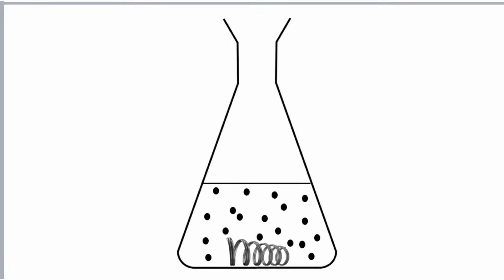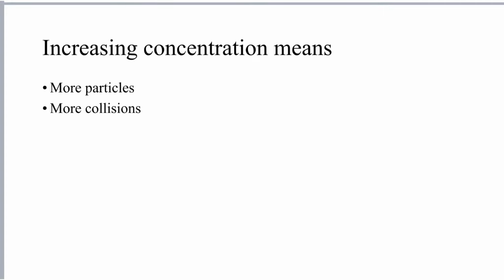In chemistry, a solution with a higher concentration will always react more quickly than a solution with a lower concentration. In fact, doubling the concentration of a solution often doubles the rate of a chemical reaction. If we increase the concentration, we've got more particles, and therefore we've got more collisions.